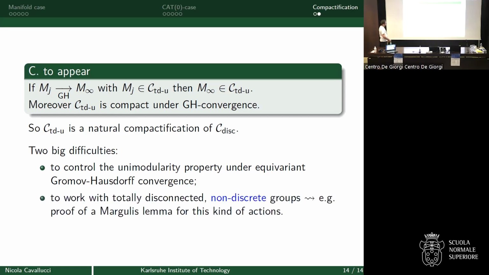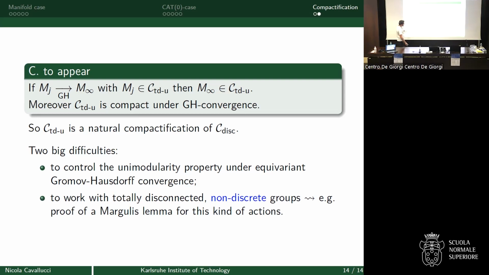And the second fact is that now you work with totally disconnected groups, non-discrete in general, and every strategy that works in the discrete case starts, for instance, from the Margulis lemma that we saw in Sergio's talk. And so this is a problem because you start at the beginning of the proof.